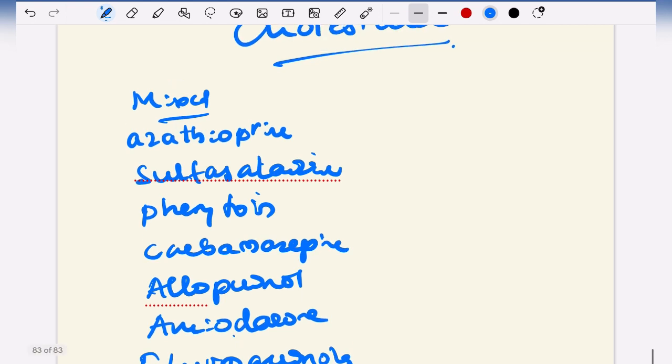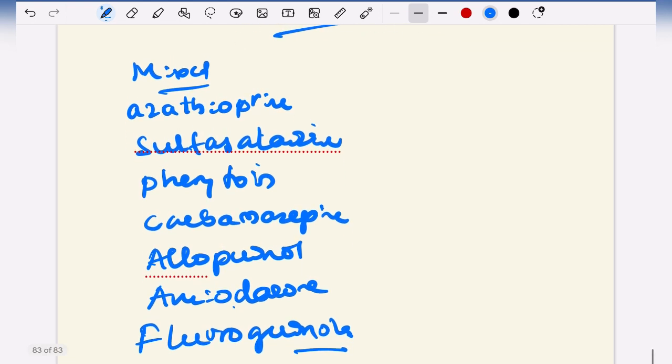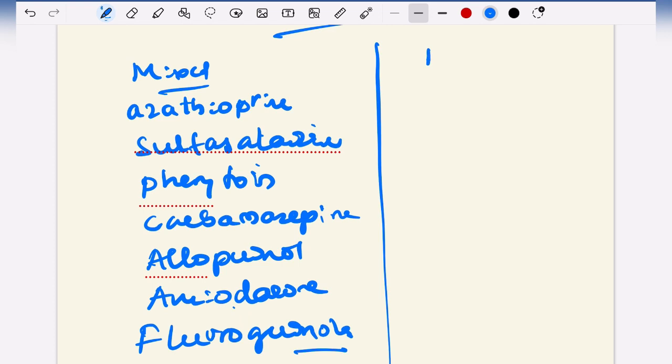When I say it causes mixed type of injury, they can be causes for hepatocellular as well as cholestatic. So I am not going to write them in the other columns. Now let's discuss drugs causing hepatocellular pattern.